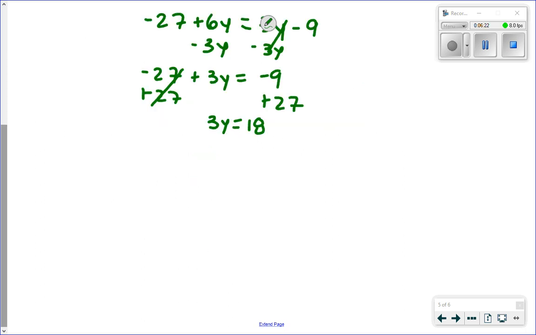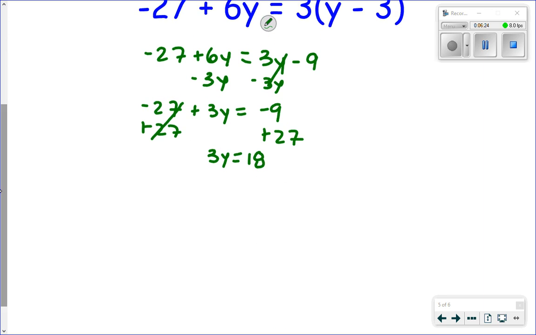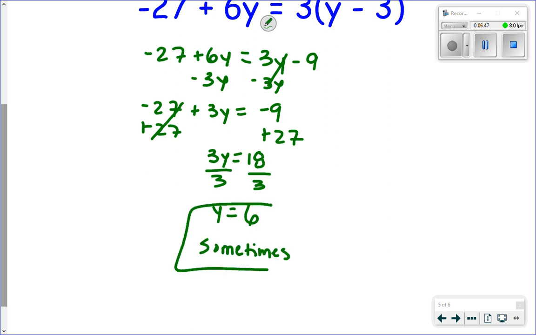You can do that in the calculator. And then my last step would be to divide by 3. And 18 divided by 3 is 6. So there's my solution. Now I need to say, is y equal to 6 always true, sometimes true, or never true? Well, the hint here is that there's the variable left, so that automatically means it's sometimes. Sometimes y is going to equal 6, but not always.